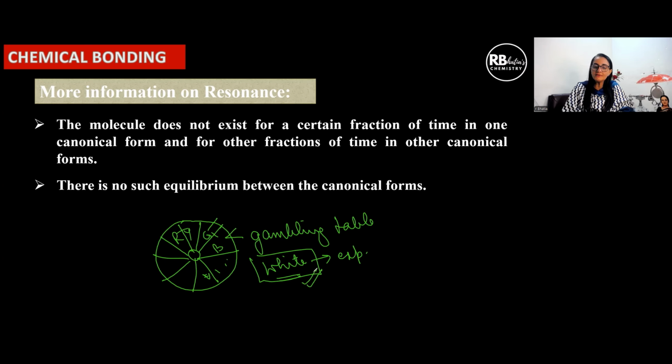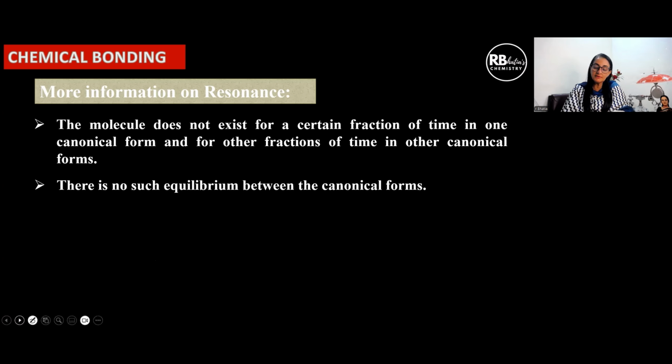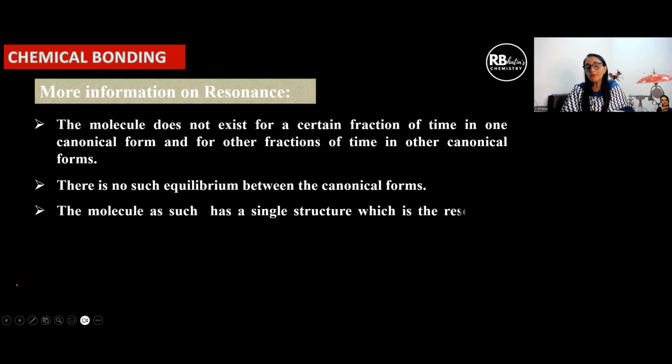And this whiteness is the resonance hybrid. But this whiteness cannot be explained theoretically unless we take a combination of all these. So somewhat this kind is the concept of resonance. For every molecule, we draw hypothetical structures to explain a situation which is not explainable by a single structure.